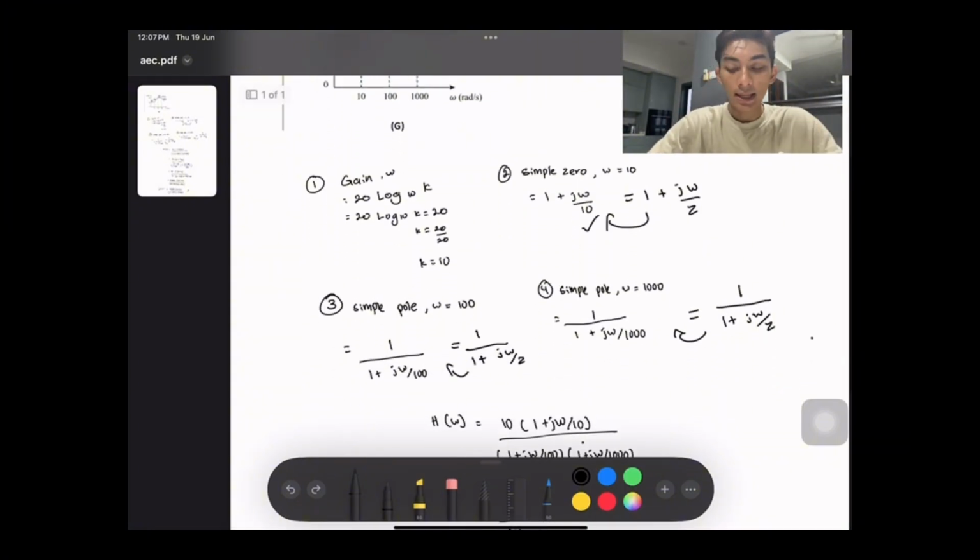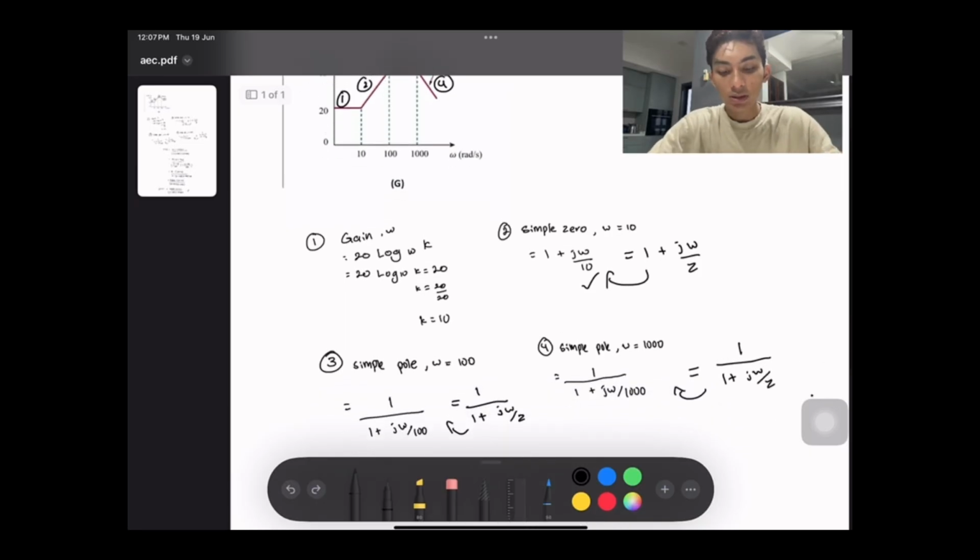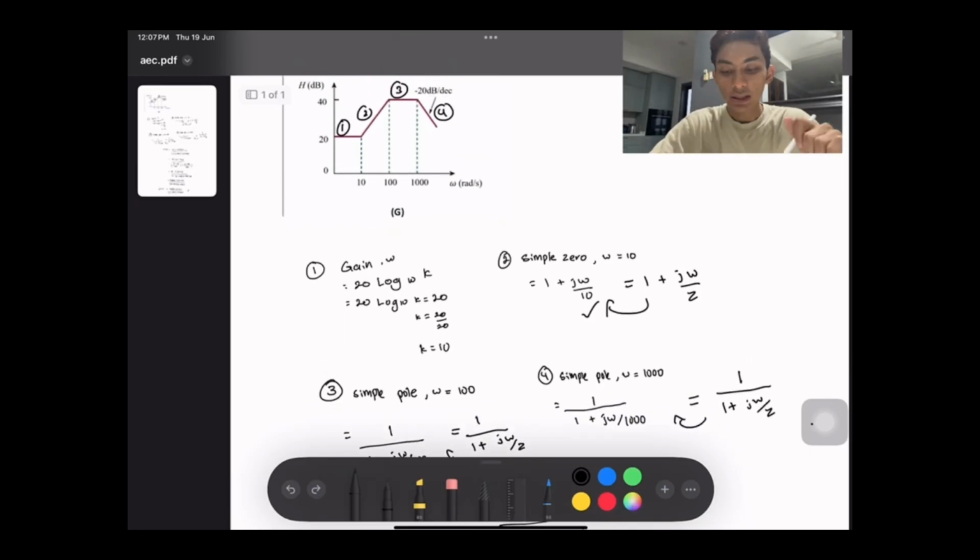So that is the second line. The third line will be a simple pole. Why is it a simple pole? Because the second line will be increasing, and then the third line is just a straight line. So to make a simple zero into a straight line, we will have to add a line that is decreasing, which is a simple pole.